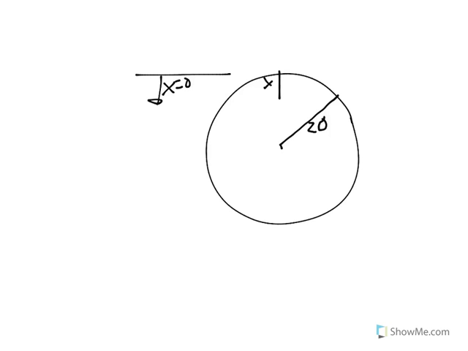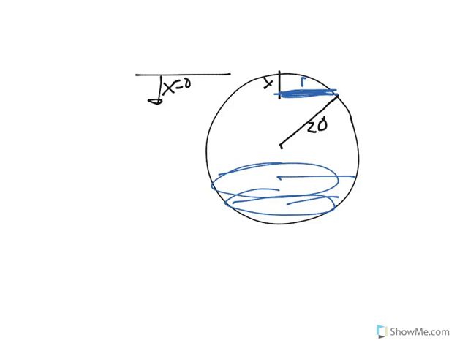So this is x, and the radius of the cross-section is this. As we move down these cross-sections, this is the radius.